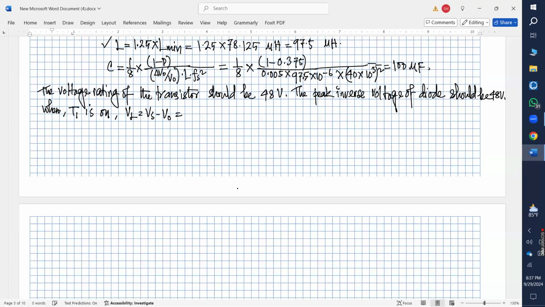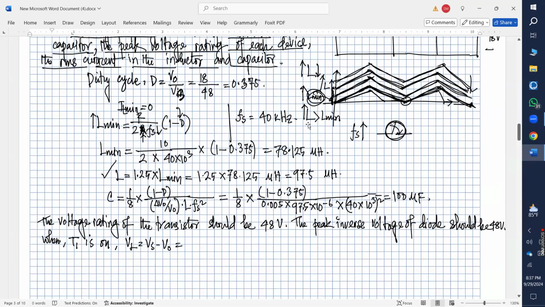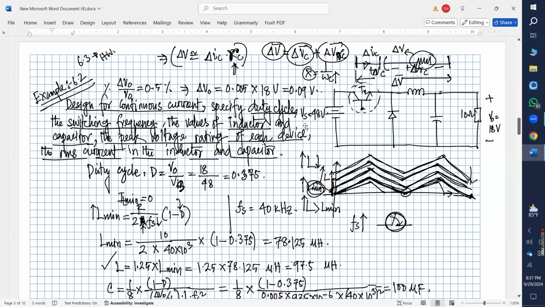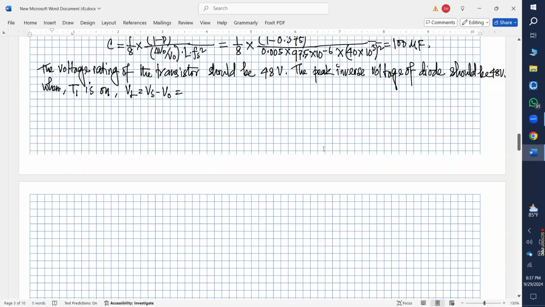What is your Vs? 48 volt, right? And what is your V naught? 18 volt. So 48 minus 18, it should be 30 volt, right?